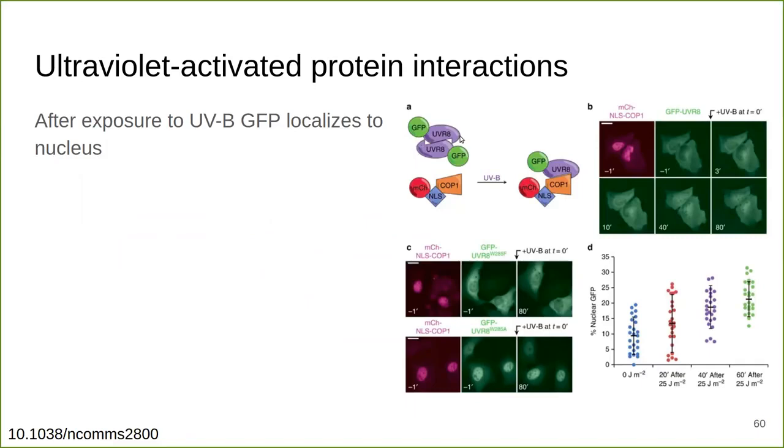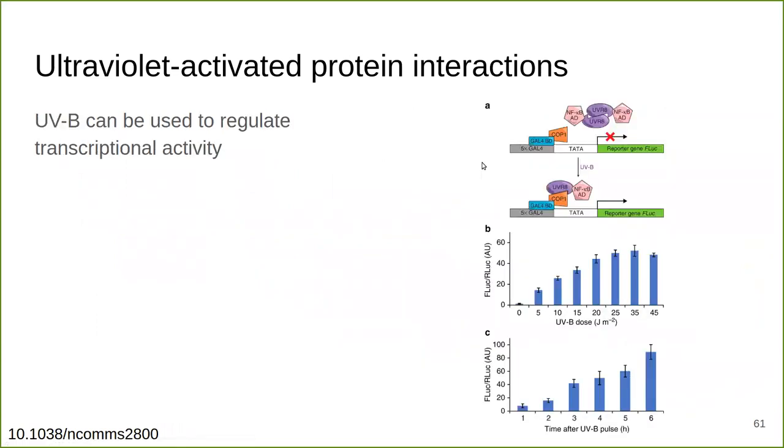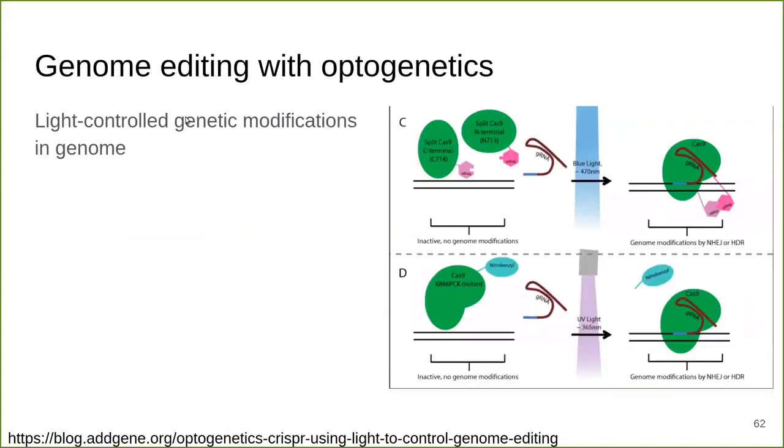It functions because of a protein domain from the protein UVR8 from plants, once again. It can also be used to regulate transcriptional activity. And right now there are also ways to couple light activation with genome editing.